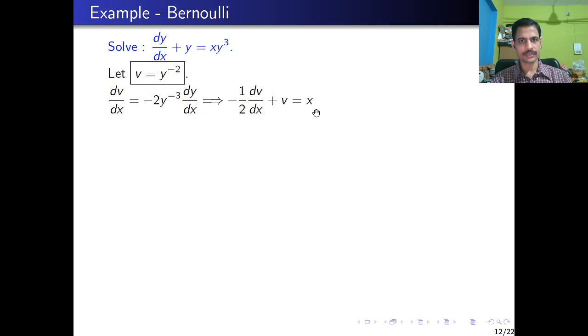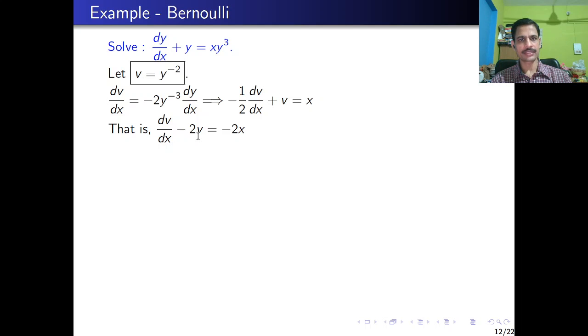So this is what you will get. The y here multiplied by y raised to minus 3 will be y raised to minus 2, and that is v. So this is how the given equation will get transformed. And on multiplying this equation by minus 2, what we get is dv by dx is equal to minus 2v.